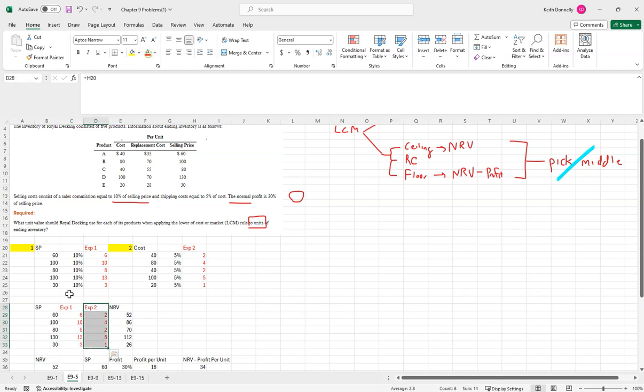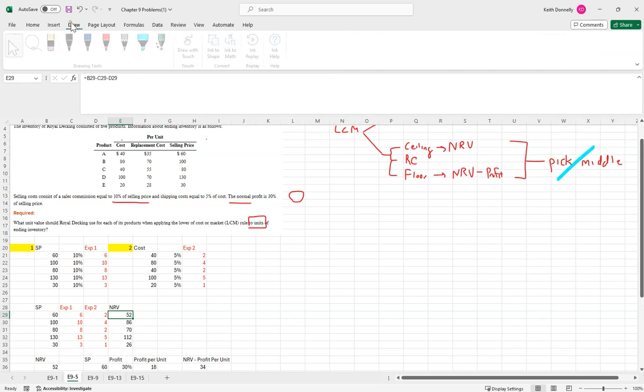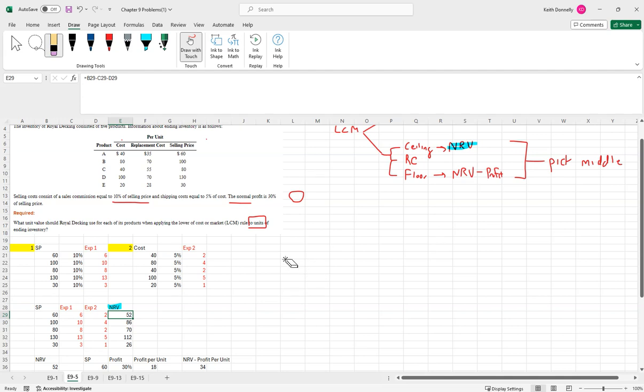We back out expense 2. You can carry those numbers down. We do a little formula: our selling price minus expense 1 minus expense 2. That gets us our NRV. What we're really doing here is trying to map these three things out. There we found our NRV.